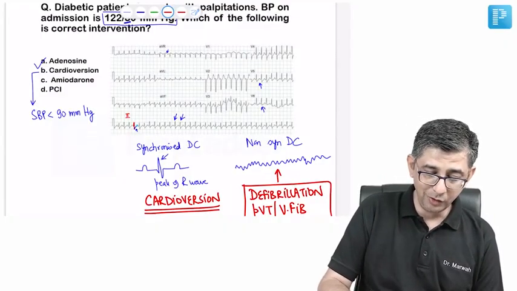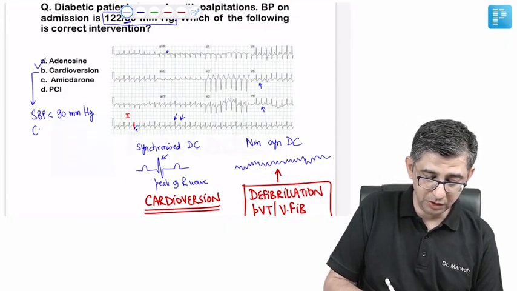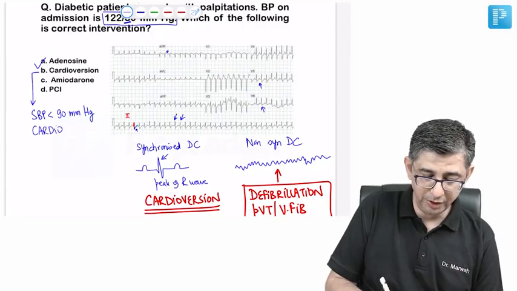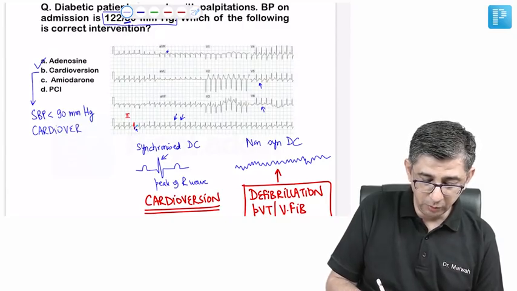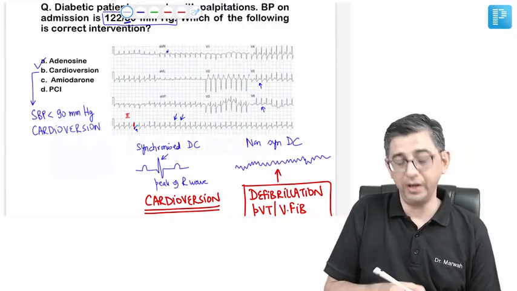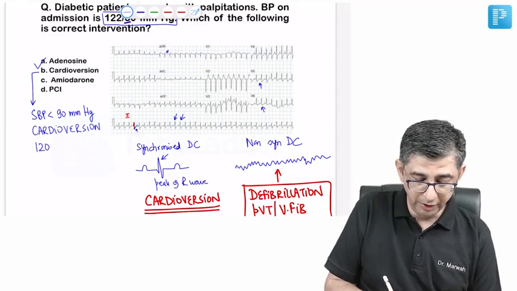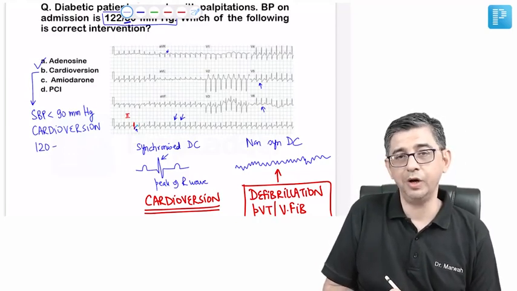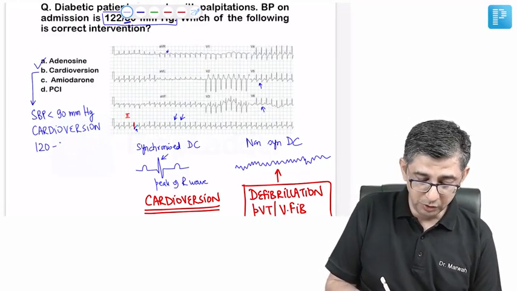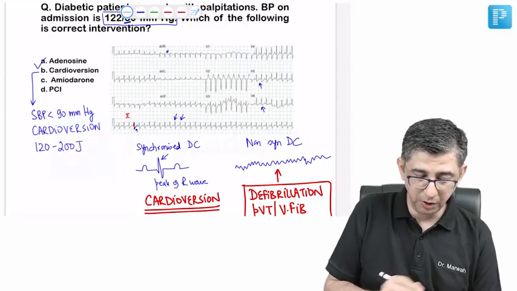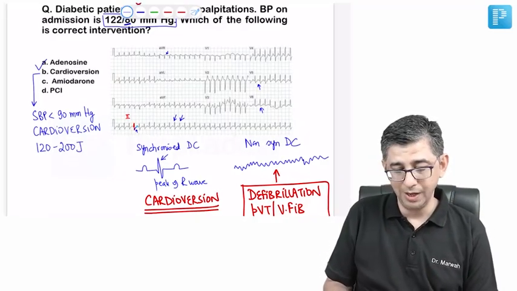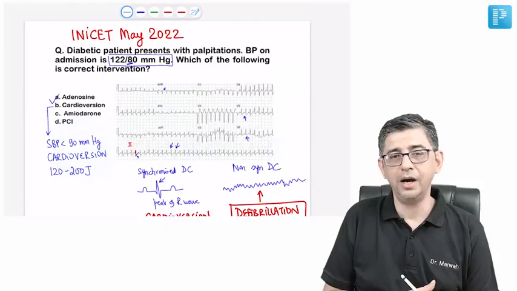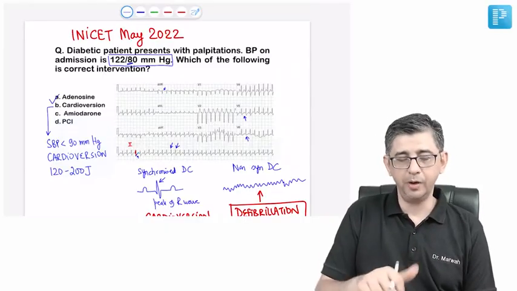The intensity of the DC shock given in this condition would start from 120 joules. If it is not controlled by 120, you can increase the intensity. Like I was telling you, a range from 25 to 50 joules for atrial flutter. For paroxysmal supraventricular tachycardia, the range would be 120 to 200 joules. And this was actually a recent question. They've just changed the blood pressure values.